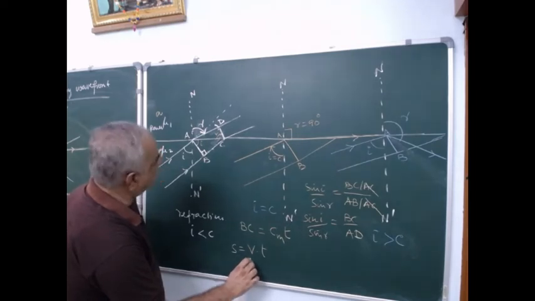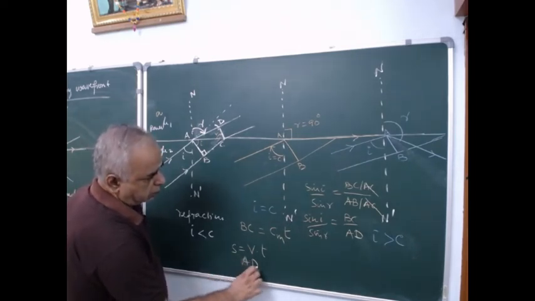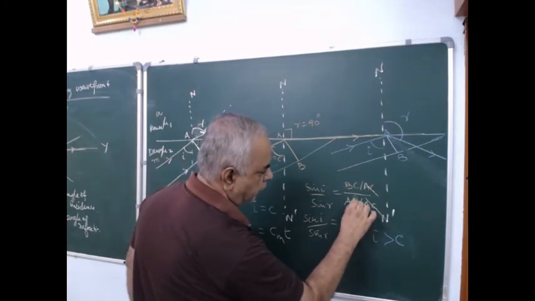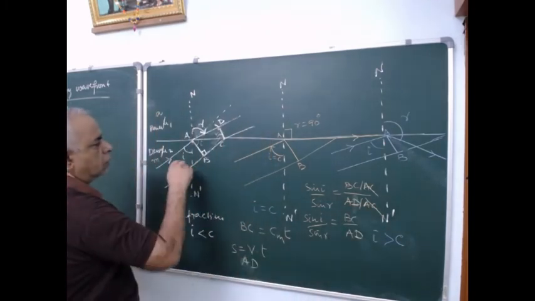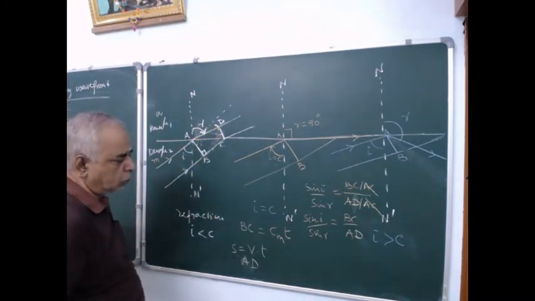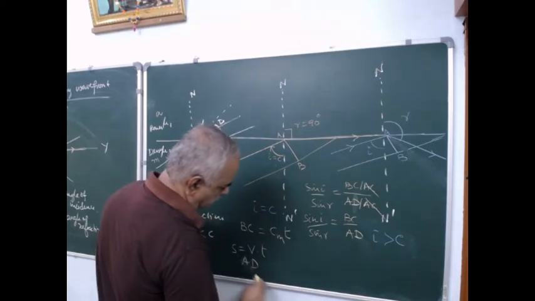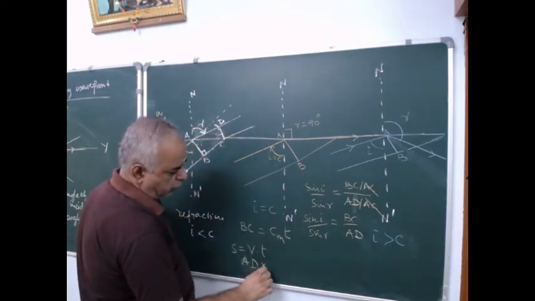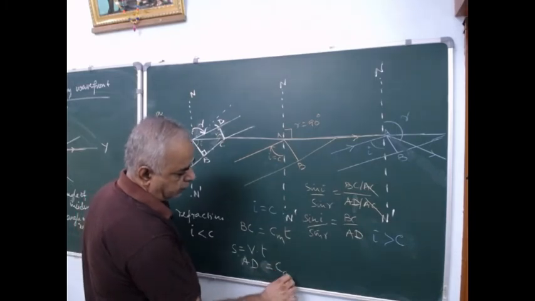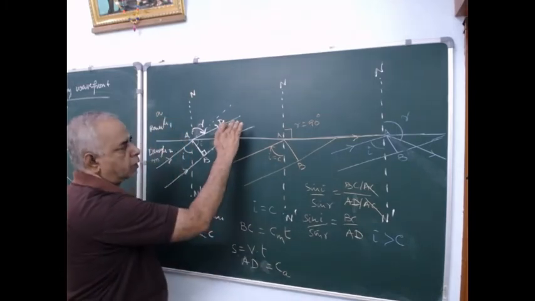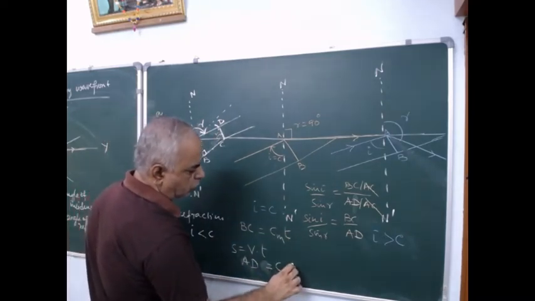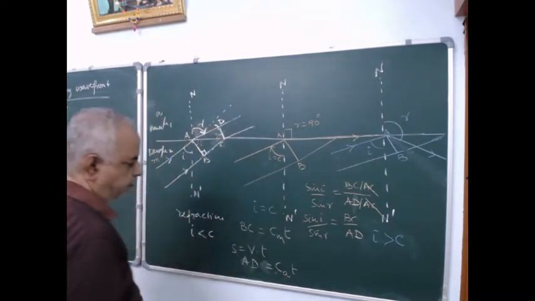So AD is equal to C air, that is the velocity of light, because this is a rarer medium, so the velocity of light in air, into time t.